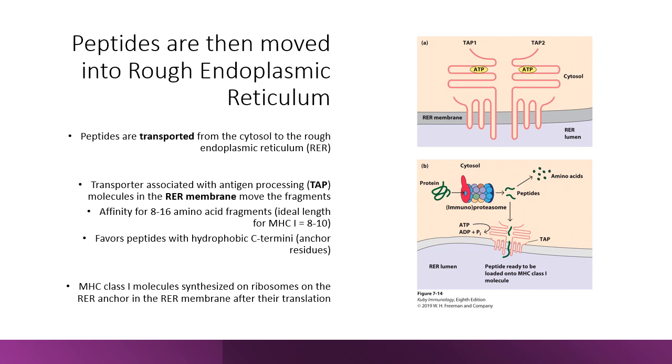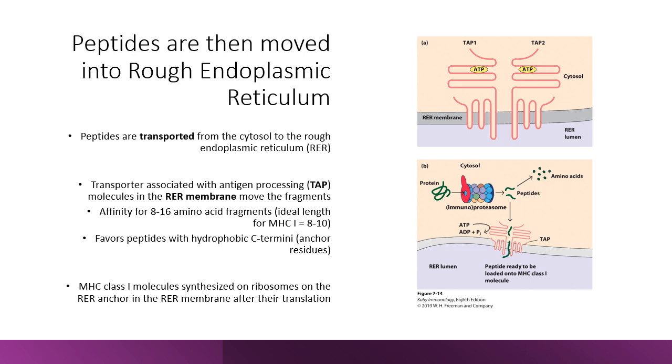This is just an ATP-dependent transporter protein that's in the membrane of the rough endoplasmic reticulum, and its job is to actually take some of those peptide fragments, use ATP, and actually pump those into the lumen or the inside of the rough endoplasmic reticulum.